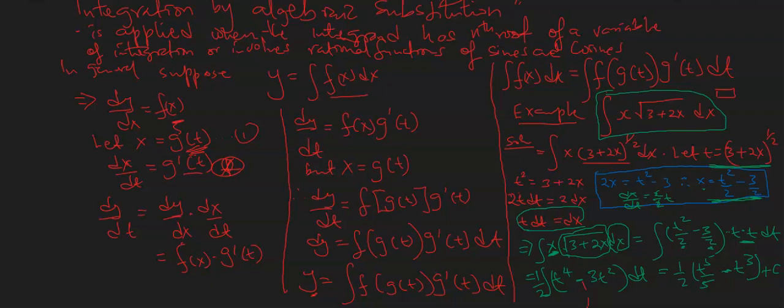But recall that our problem had an x, so if I utilize this space here to work out the rest of the problem, we want to replace t with our value here that had an x, 3 plus 2x raised to power half.